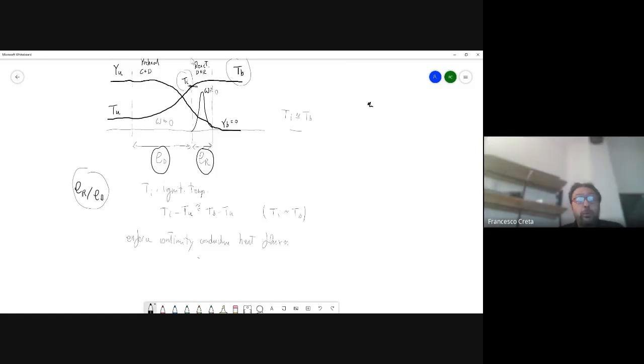You can write this as follows: the slope of the temperature, dT/dx, calculated in the reaction layer, LR, must be equal, for continuity of fluxes, to the dT/dx in the preheat zone.